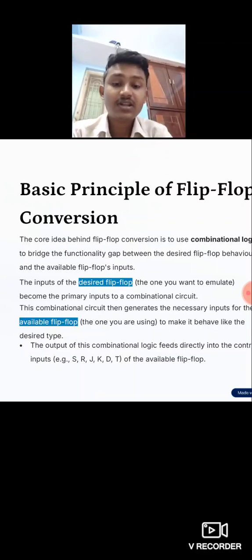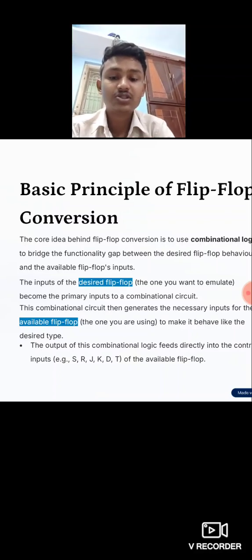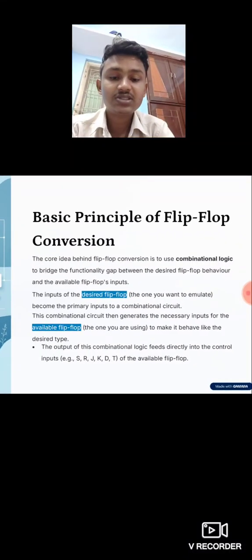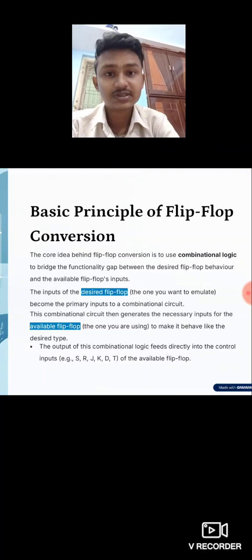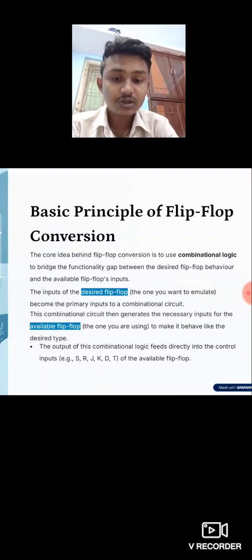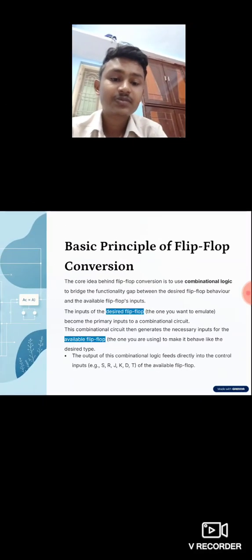The inputs of the desired flip-flop, the one you want to emulate, become the primary inputs of the combinational circuit. This combinational circuit then generates the necessary inputs for the available flip-flop, the one you are using, making it behave like the desired type. The output of this combinational logic feeds directly into the control inputs, for example S, R, J, K, D, T, of the available flip-flop.